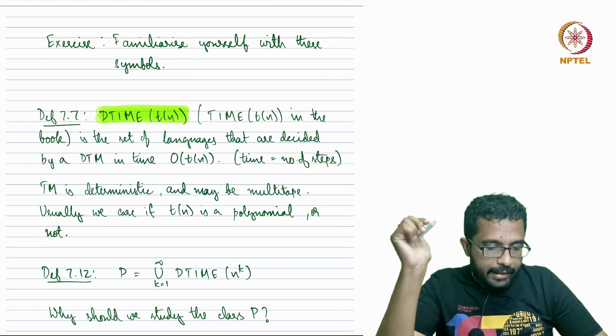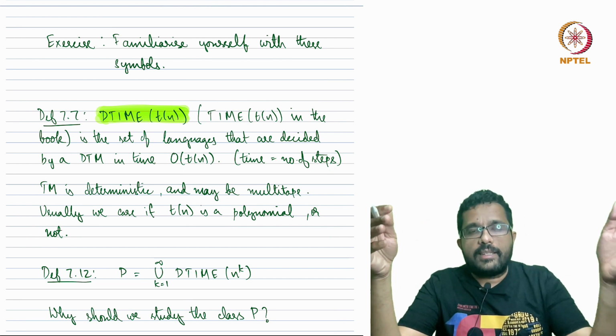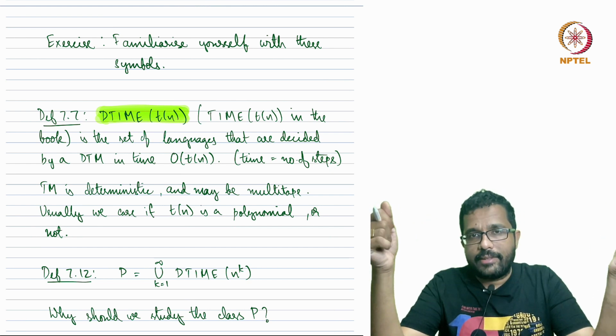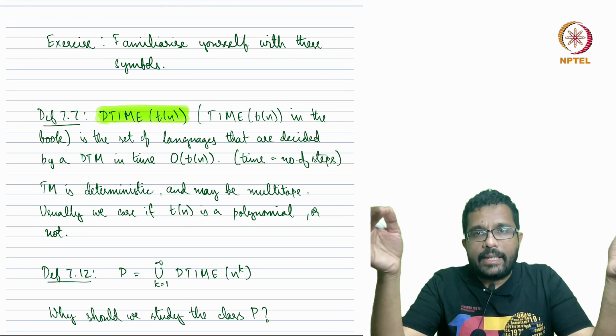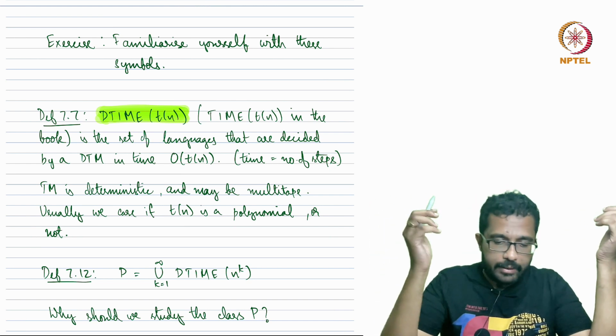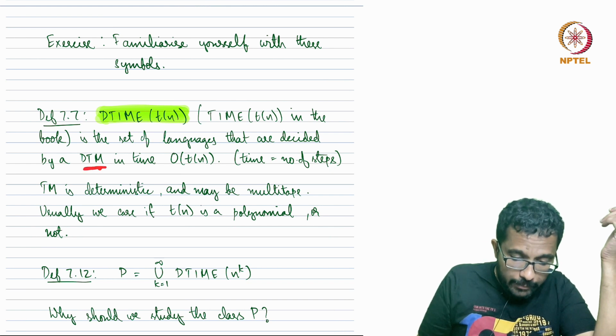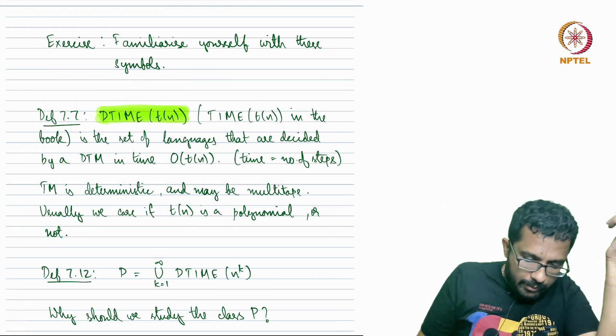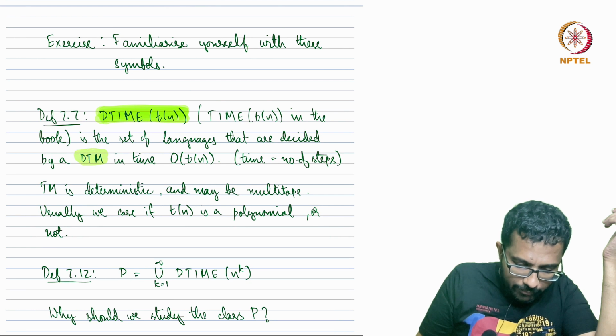So DTIME(T(n)) is a complexity class. This is the first complexity class that we are seeing. It's a set of all languages that can be decided in time T(n) by a deterministic Turing machine. By a deterministic Turing machine, this is also important, by a DTM, not an NTM.